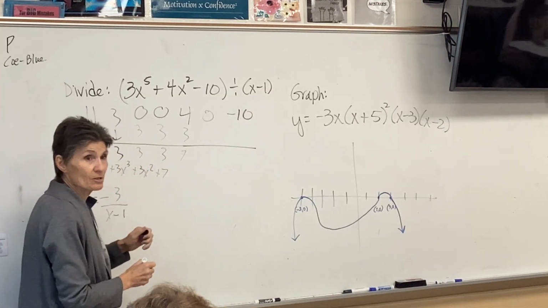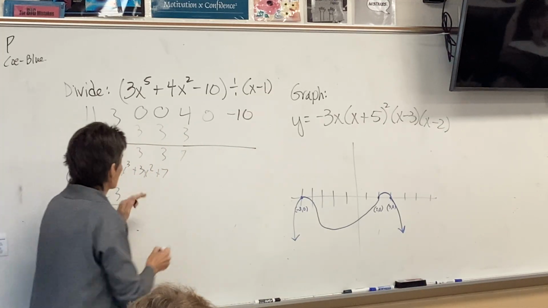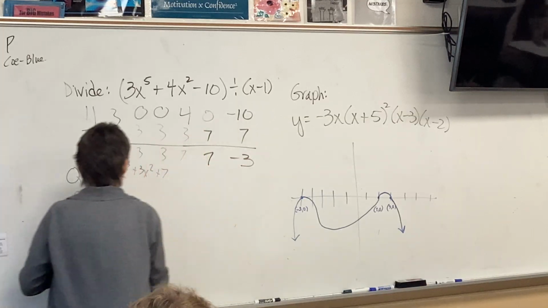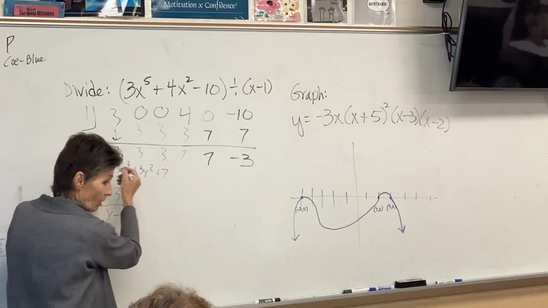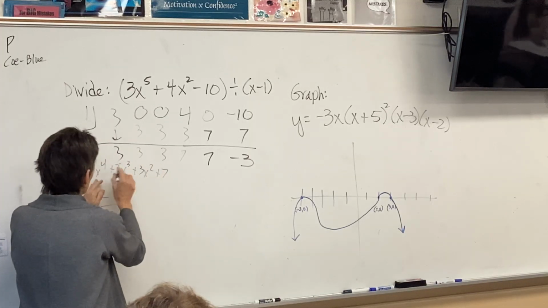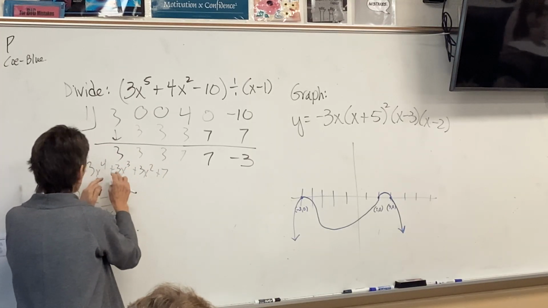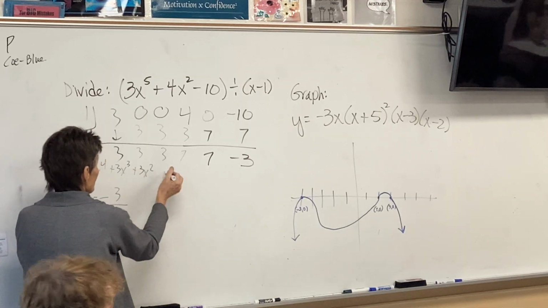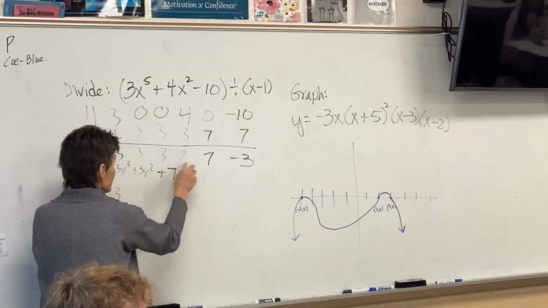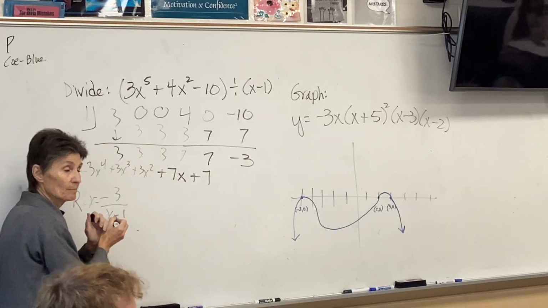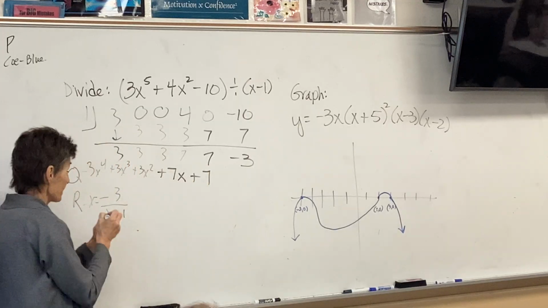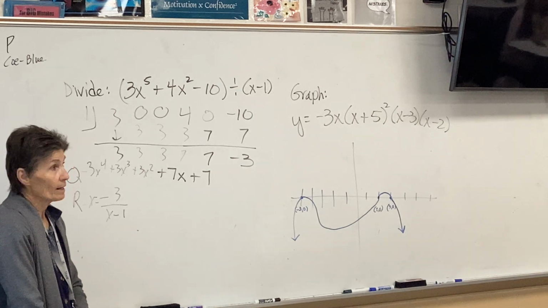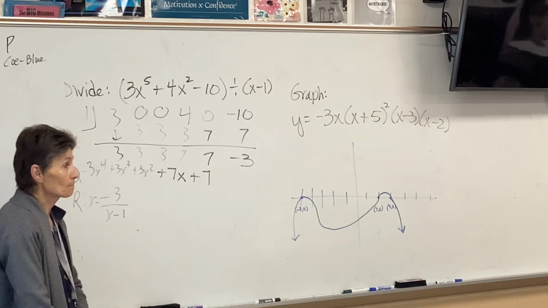How does that make sense to you? Okay, so then when you write your answer, I think all that first part was perfect. When you write your answer, it's 3x to the 4th, 3x cubed, 3x squared, but then this would be a 7x plus a 7, and then the remainder is -3, that's correct. All right, you good with that, everybody?